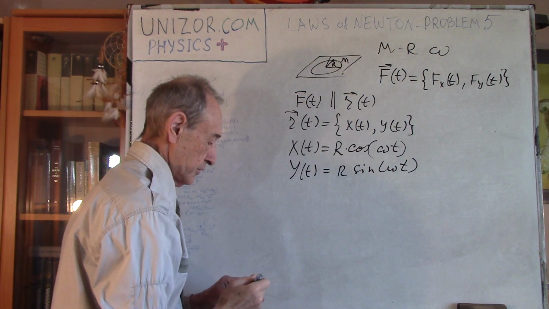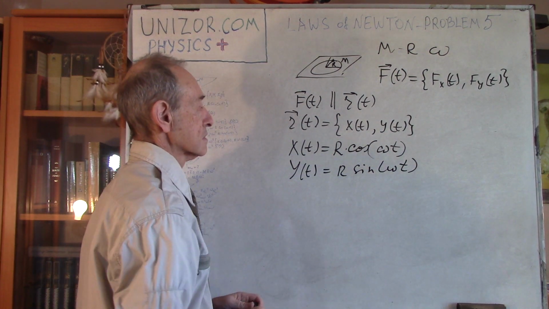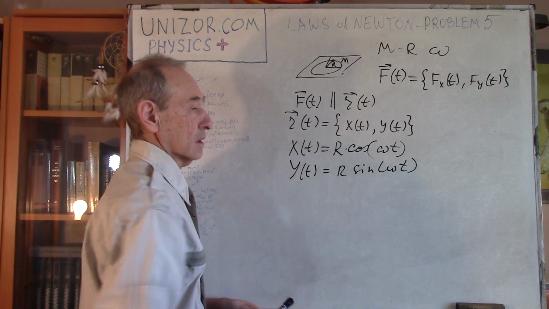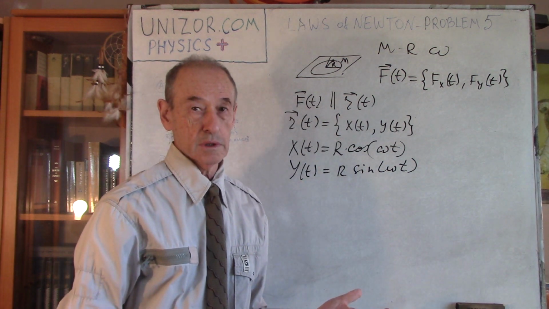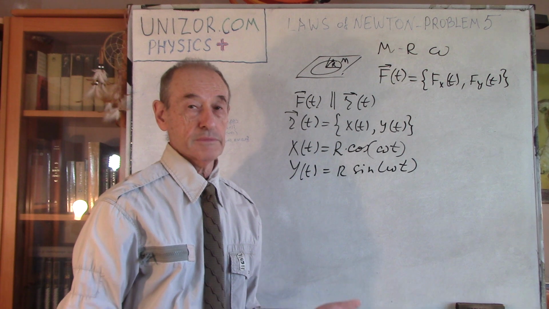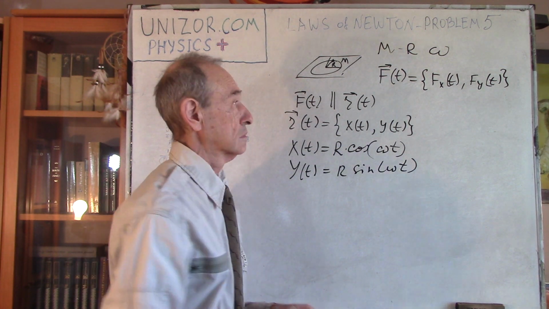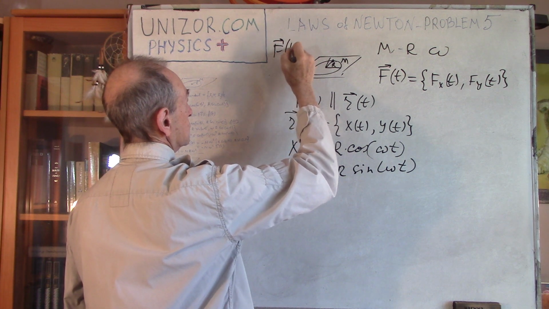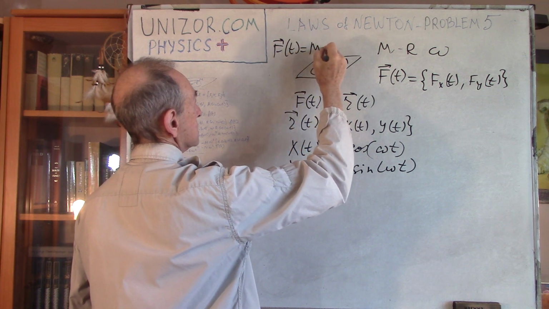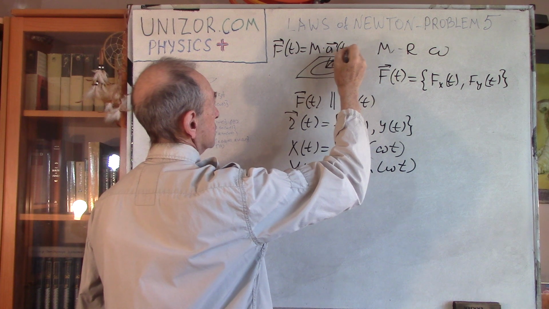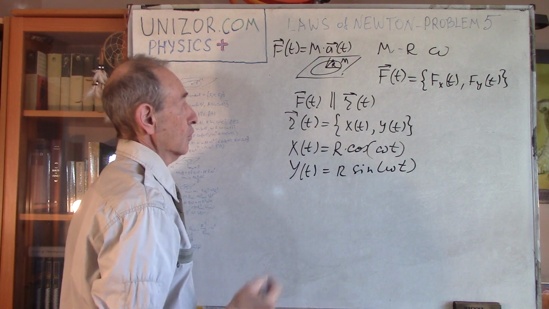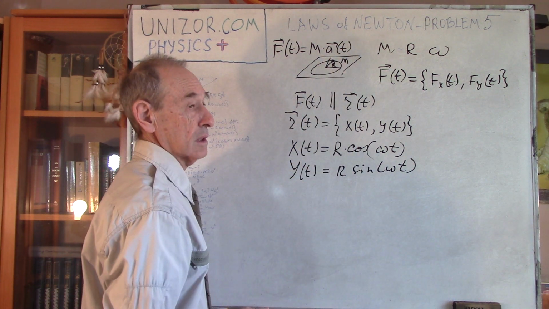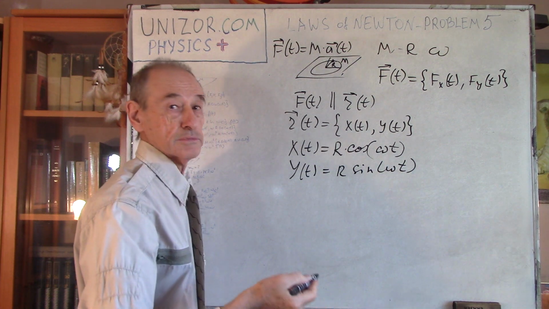Now, how can we find the force if we know how the object is moving? Very simply. You have the second law of Newton, so F vector of t is equal to mass times acceleration of t. What is acceleration as a vector? It's a derivative of velocity.